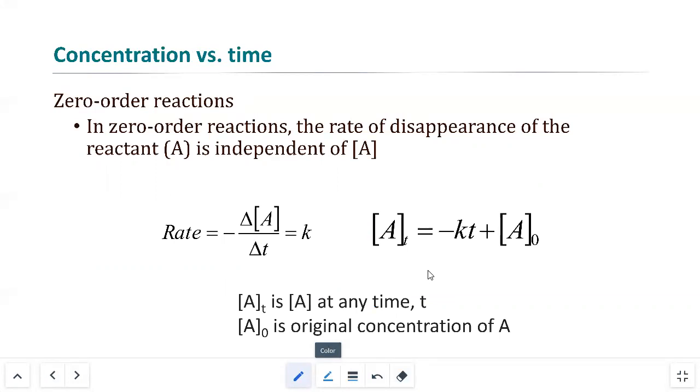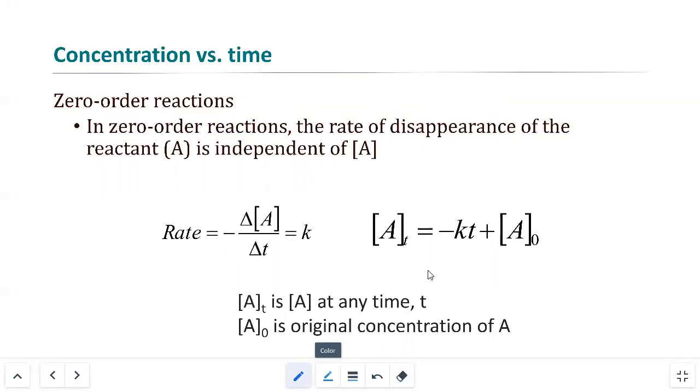In a zero order reaction, the rate of disappearance of the reactant is completely independent of how much concentration there is. That's the very definition we've been working with all along.